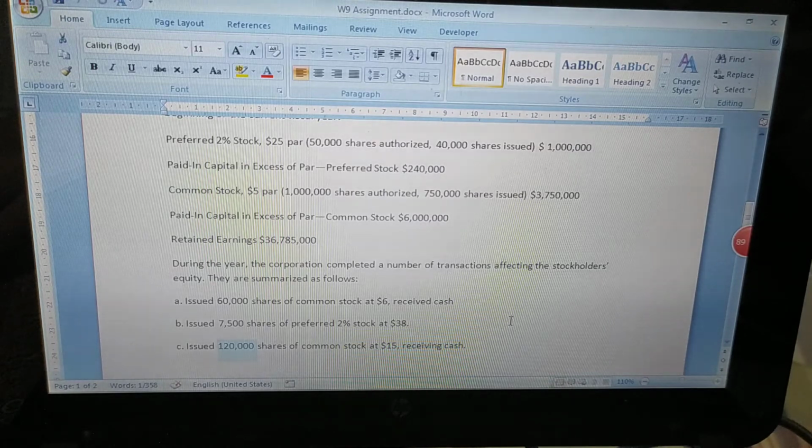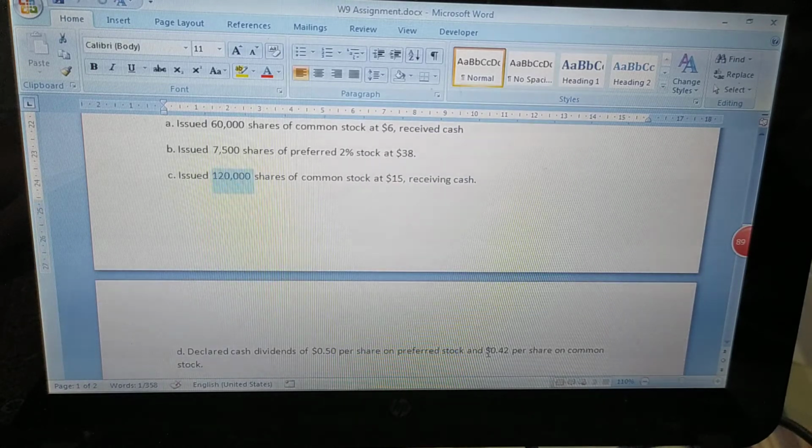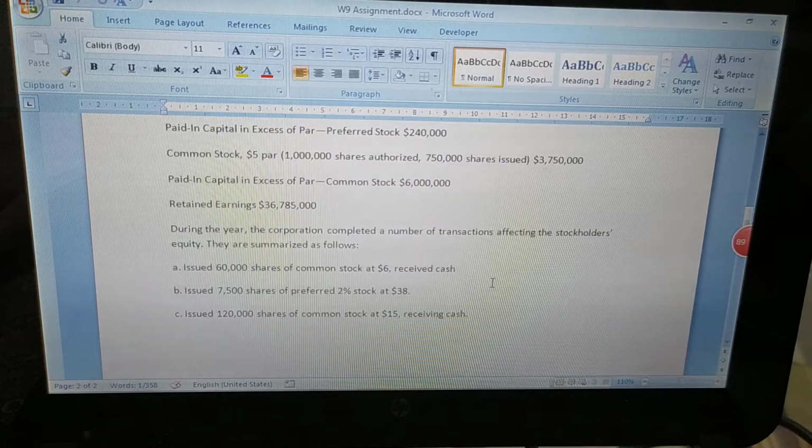So we directly take 0.42 times 930,000 shares.